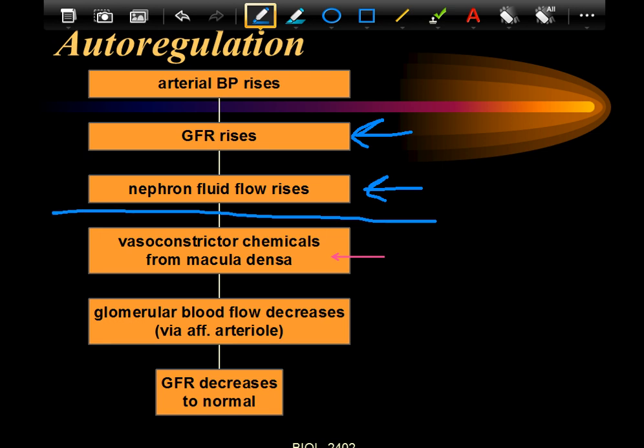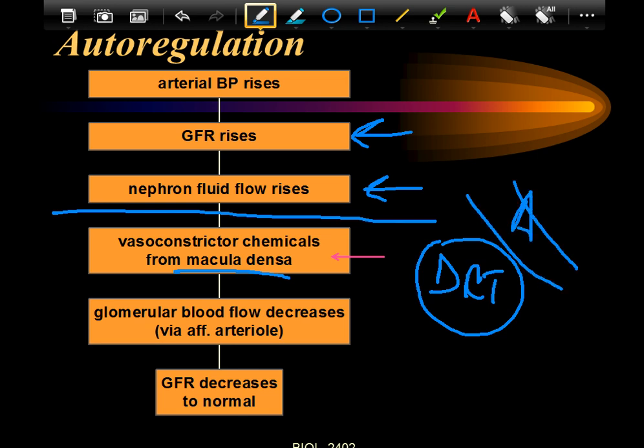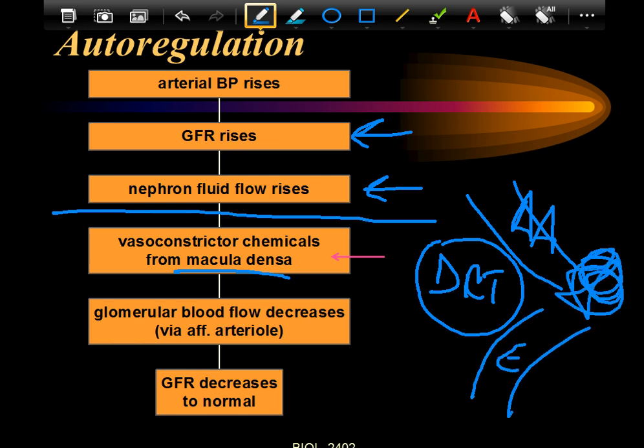So we're going to reverse it, and we're going to do it by the macula densa, which remember is in the DCT, right there where the distal convoluted tubule comes in contact with the afferent arteriole bringing blood in to the glomerulus. There's the glomerulus, and here's the efferent arteriole bringing blood out. Where they meet, right here, there's the JG apparatus, and this inner wall of the DCT is called the macula densa.